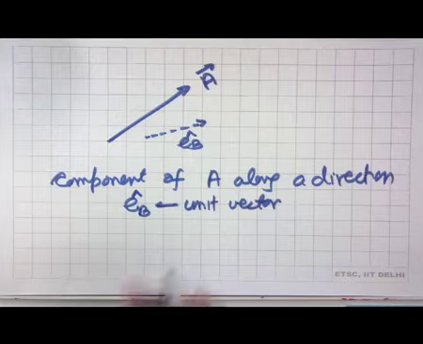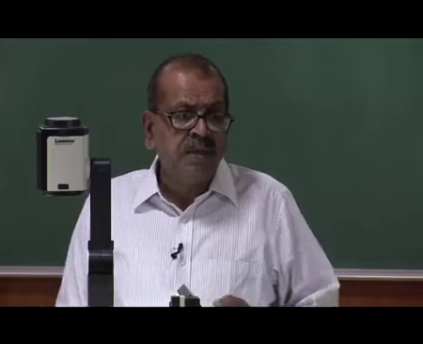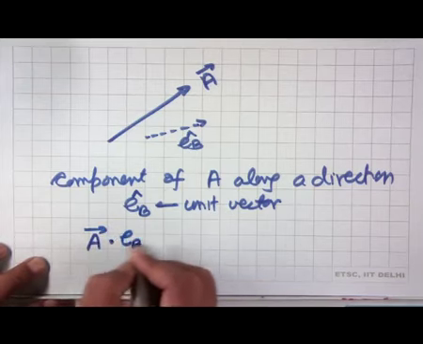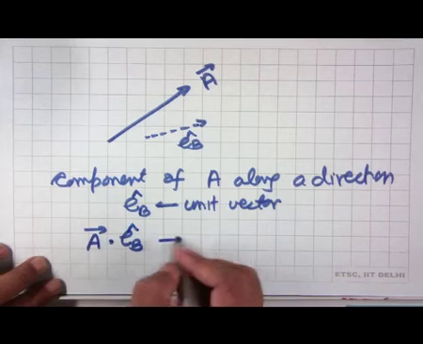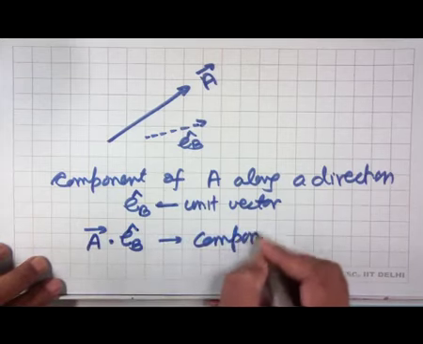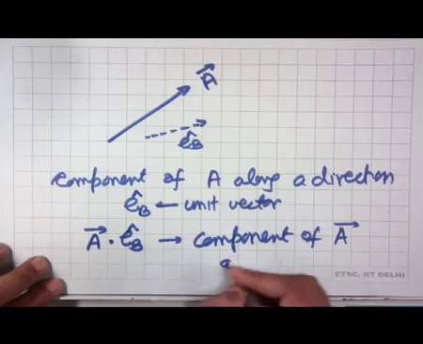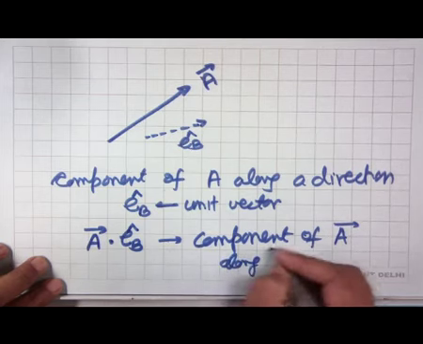Or we could say we want to find the component of A along B. Then this component is given by vector A dotted with EB. This gives us the component of A along B.